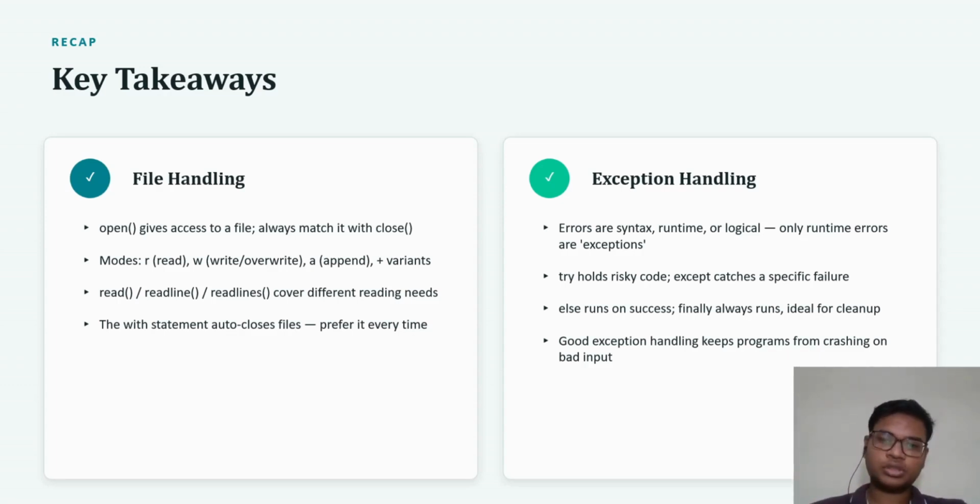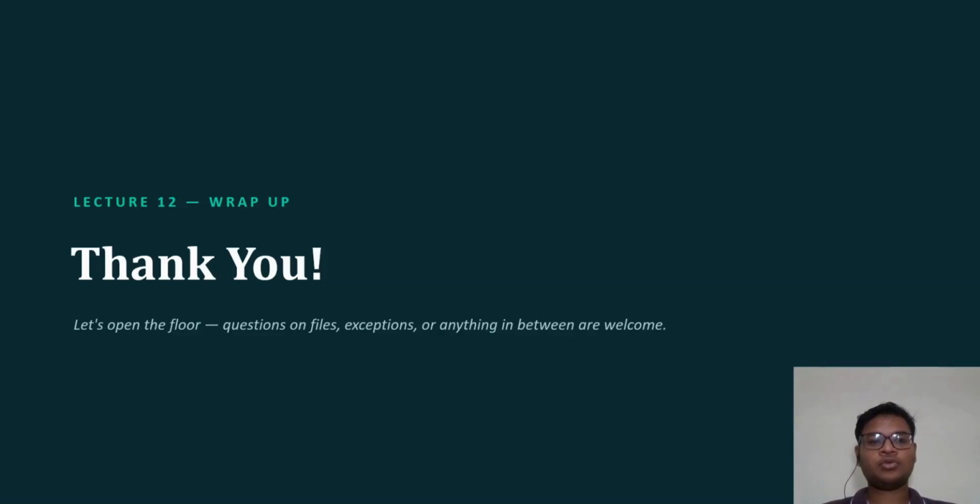And the fourth one is that good exception handling keeps programs from crashing on bad input. So these are the key takeaways about file handling and exception handling. I hope it's clear to you. Now let's wrap up this lecture 12.